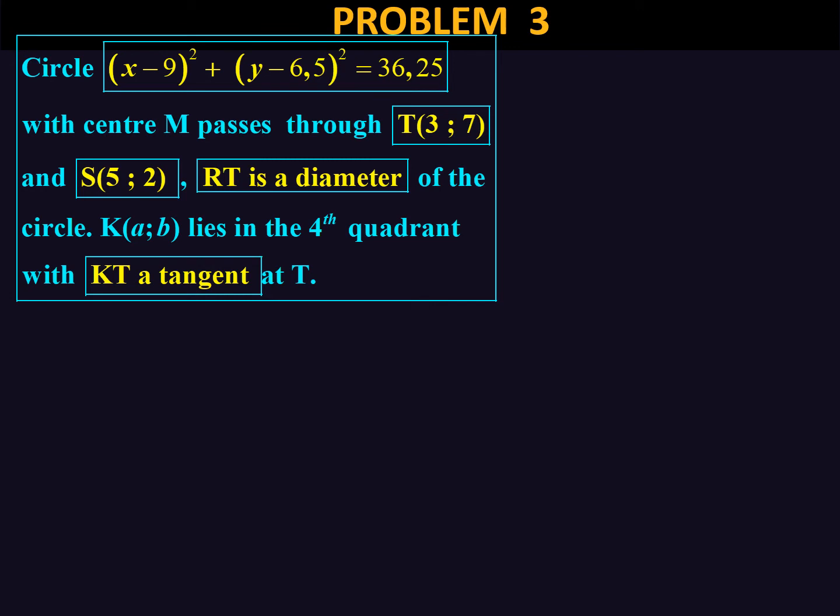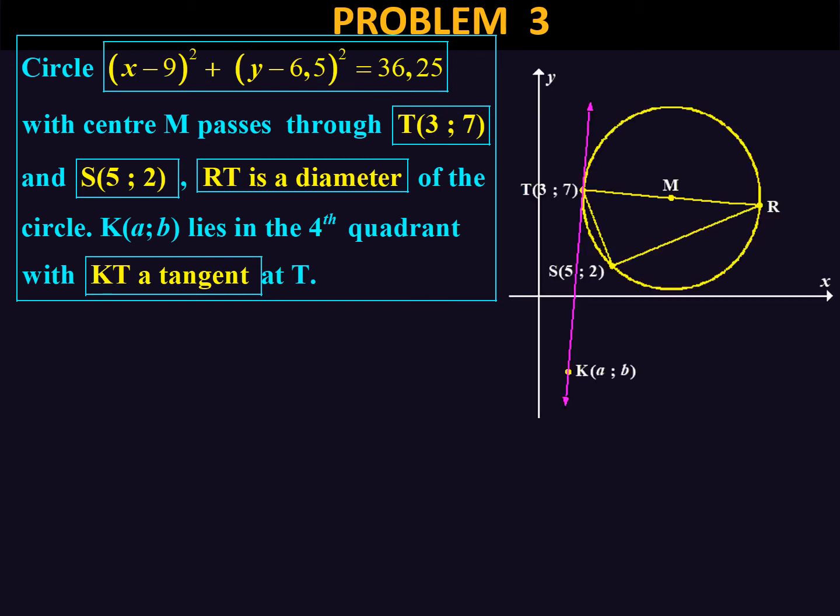Now let's go to problem 3. Okay, so there we've got our given information, and there's our diagram that is provided. So there I've got an equation, and what does this equation tell you? Without even looking there, you can find the center and you can find the radius. There's coordinates of T. T is a point of contact. There's a point S. It's a point on the circle, and RT is a diameter.